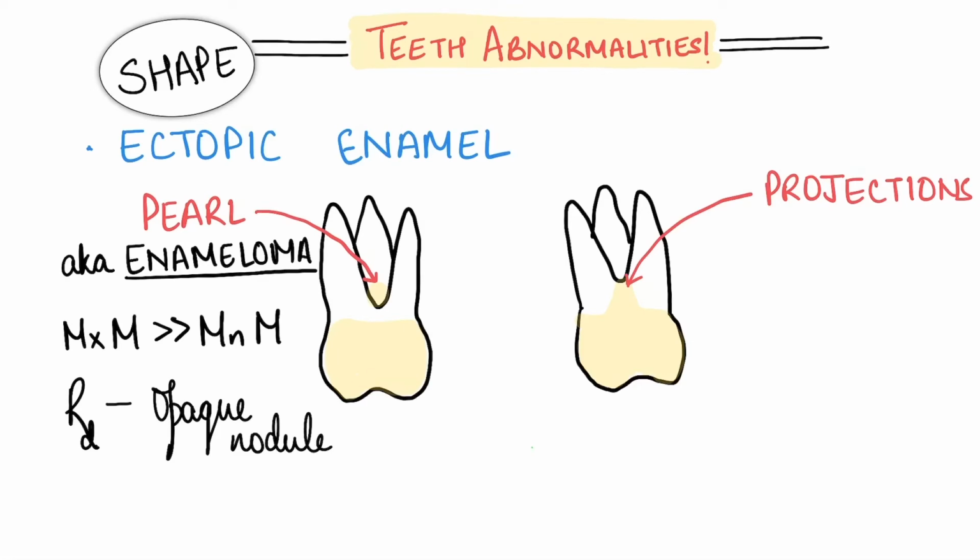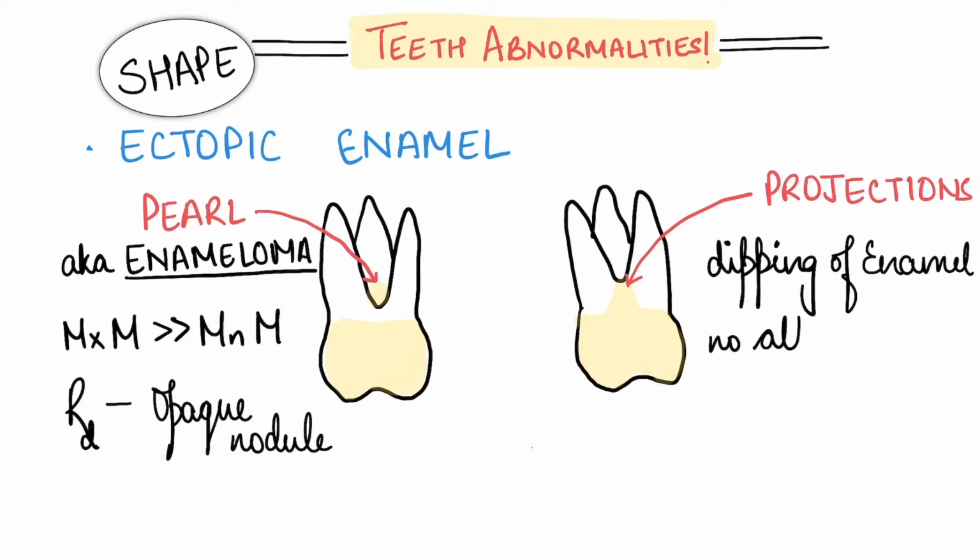And if we talk about the cervical enamel extension or enamel projections, it is called cervical enamel extension because it is related to the surface of the dental root, and they represent a dipping of enamel from the CEJ towards the bifurcation of the molar area.